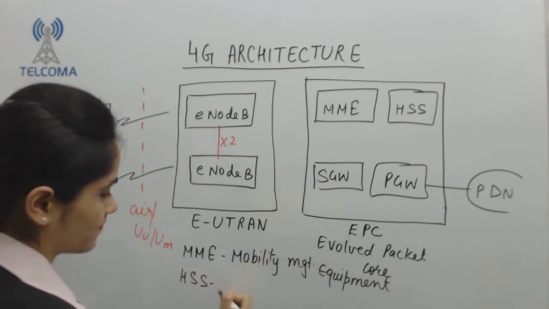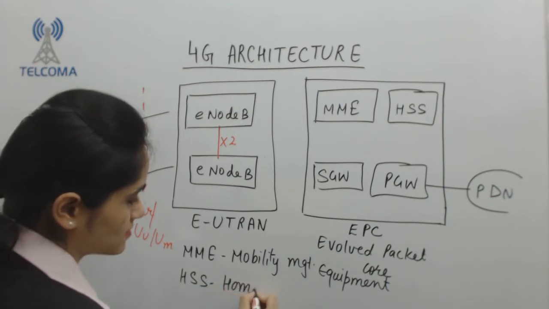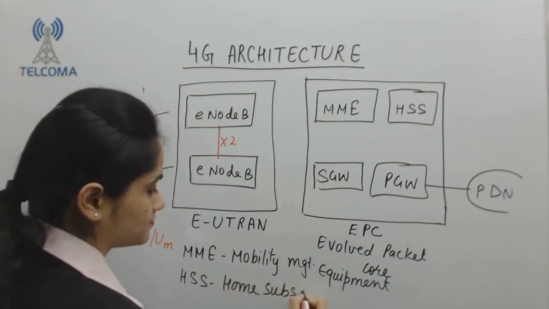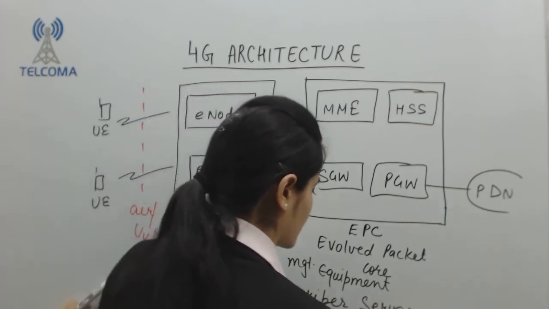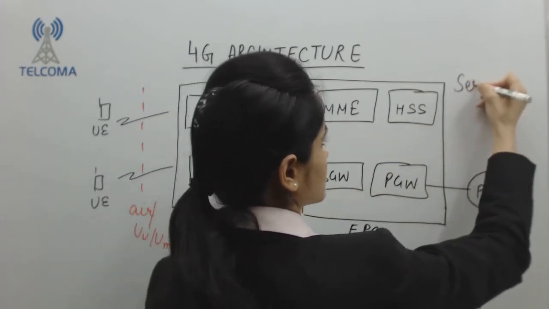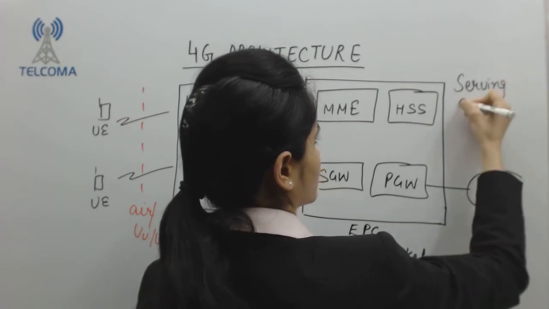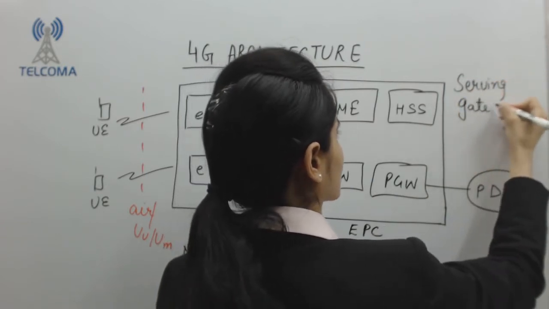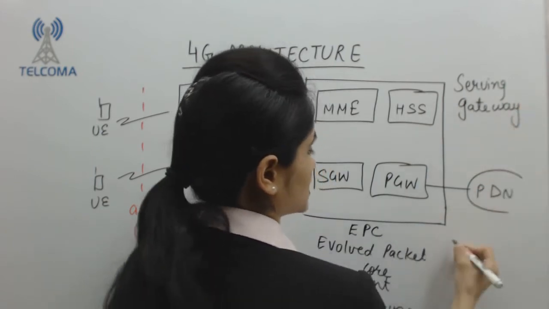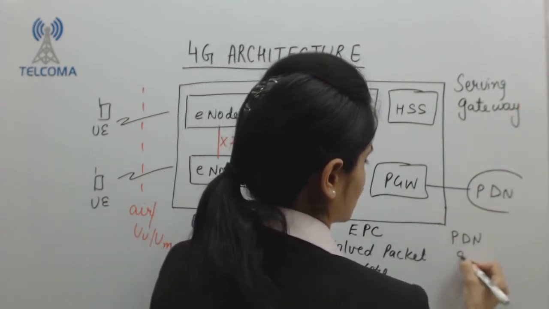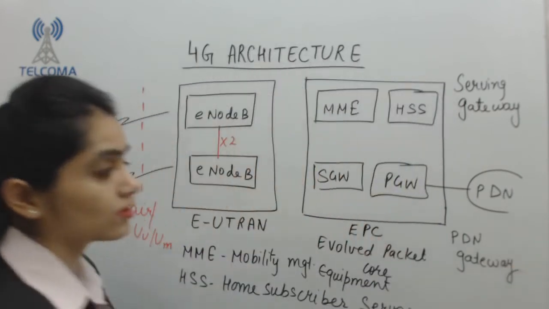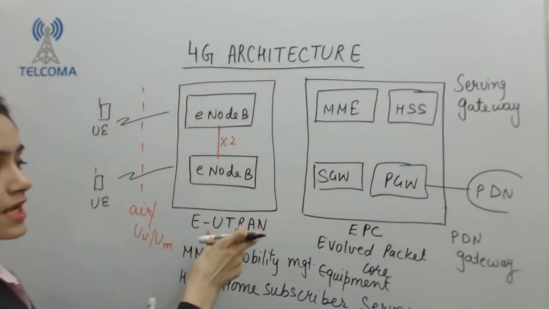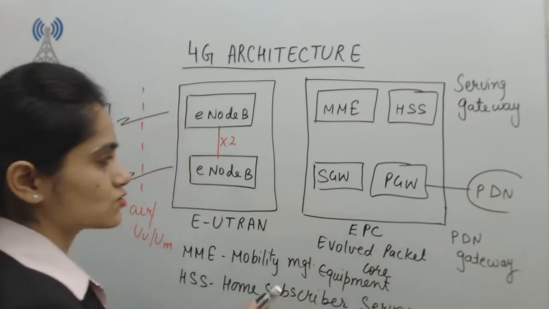HSS is home subscriber server. SGW is serving gateway and PGW is PDN gateway.